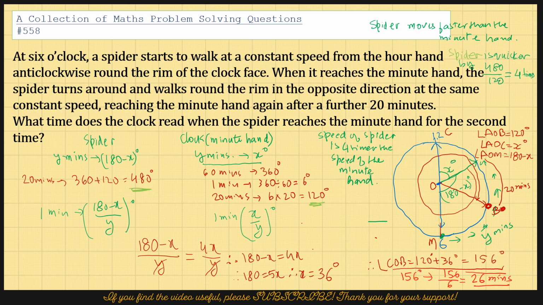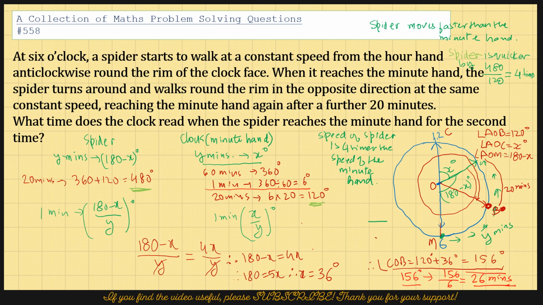We are taking this from here: 1 minute is 6 degrees, so 156 degrees would be 26 minutes. So this angle COB, 156 degrees, is 26 minutes.